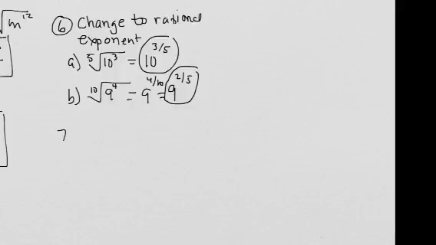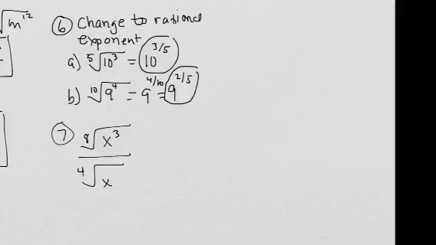Okay. Something else that you guys have to do, you have to be able to simplify something that's in radical form. Let's say 8th root of x to the 3rd over, let me change this one, make it 4th root of x to the 5th.